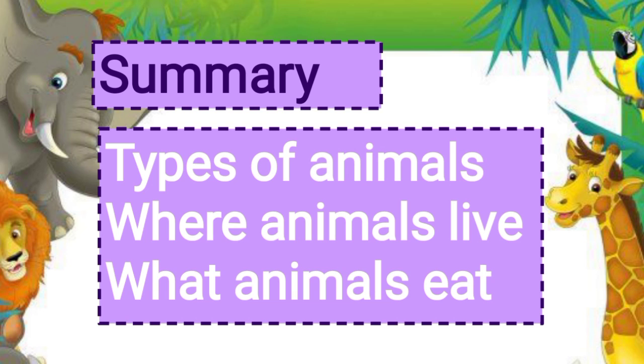Animals can also be grouped according to the place they live in. They may be terrestrial, aquatic, amphibian, arboreal and aerial. Animals can also be grouped as herbivorous, carnivorous, omnivorous, scavengers or parasites depending on their feeding habits.